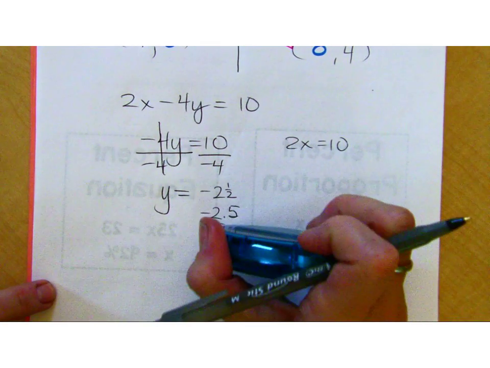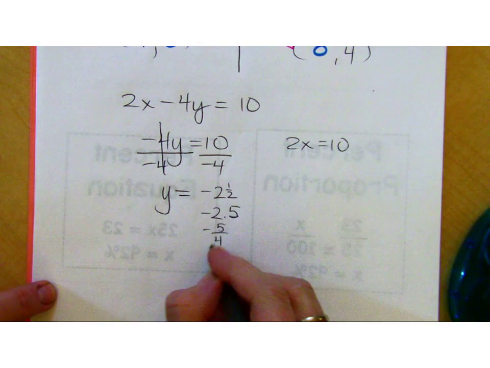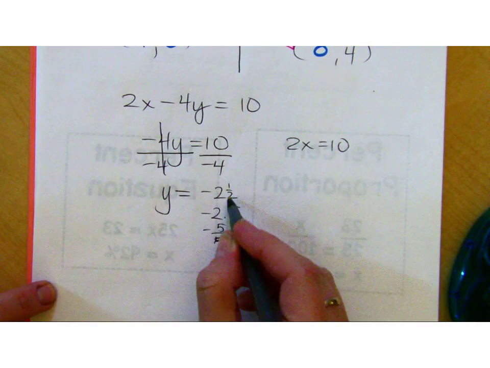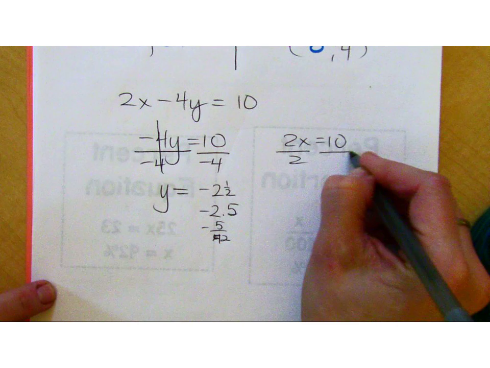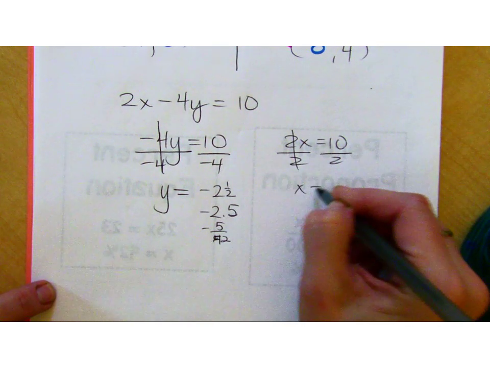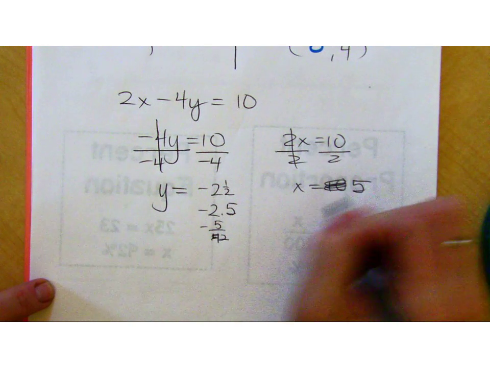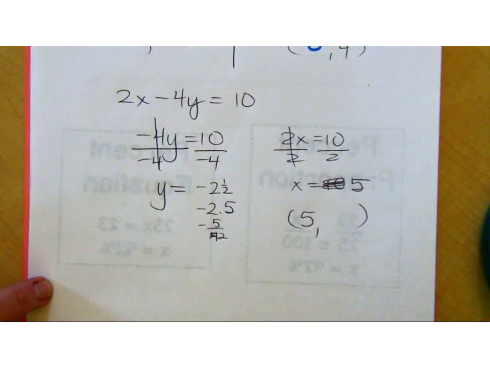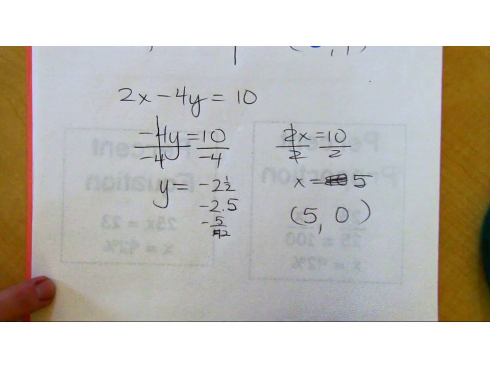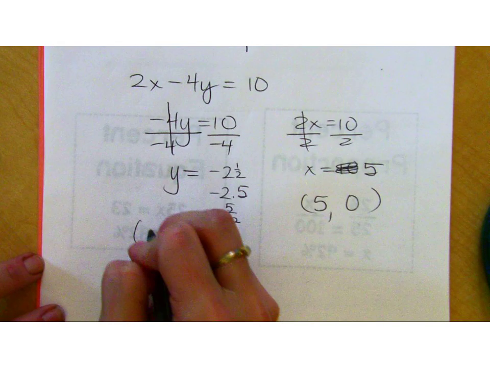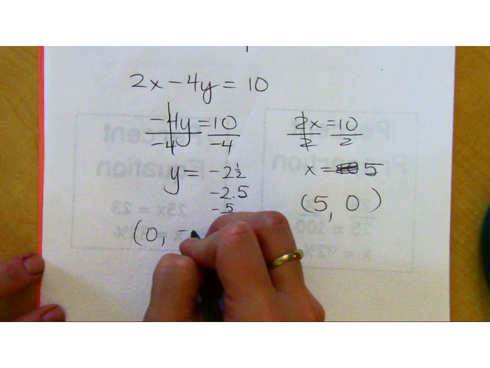I would probably want it to be one of these two. Divide by 2, divide by 2. Your x is 5, which means when x is 5, your y is 0. Your x is 0 when y is -2.5. And all I have to do is plot them.